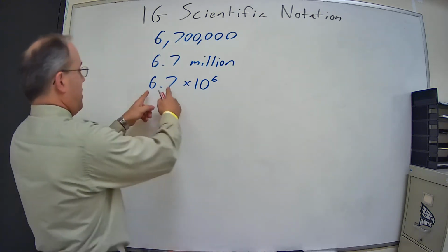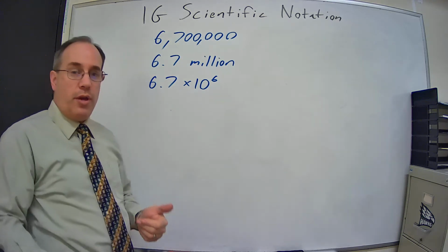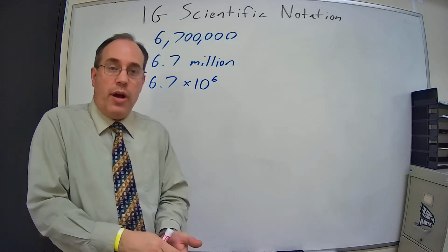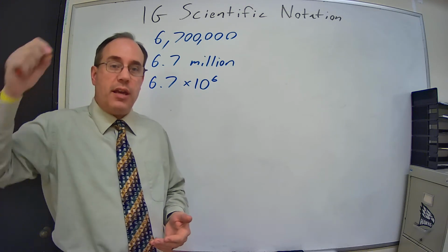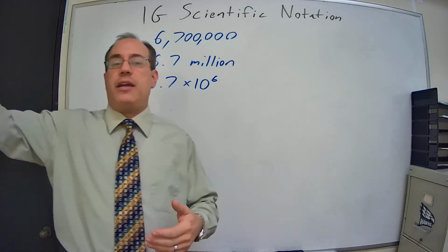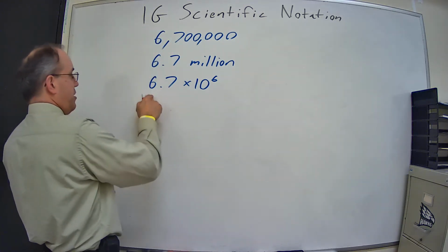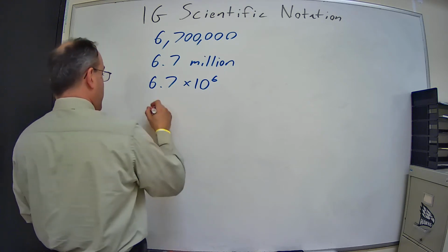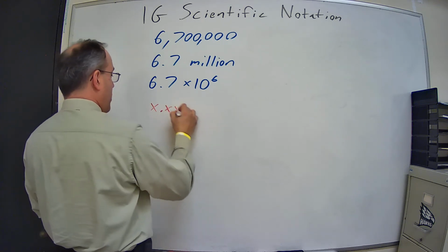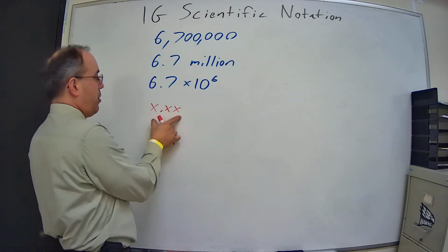The first piece is a decimal number between 1 and 10, the smallest being 1, the largest being just below 10, meaning it can go up to 9.999999, but it can never reach 10. So you're going to have a single digit ones place, which we can substitute with an X here, and then we may have some decimal places involved. So that's the first part.